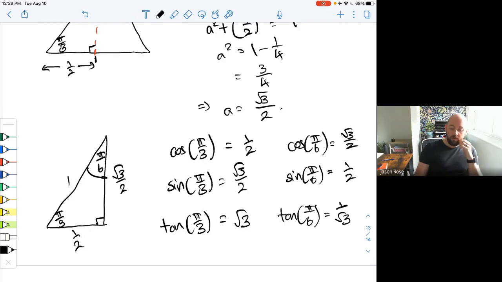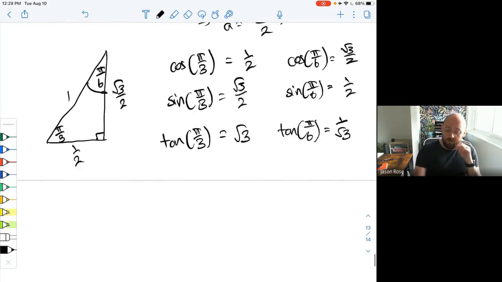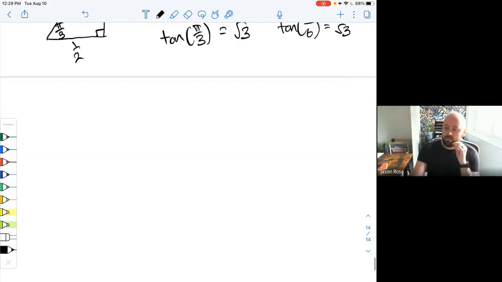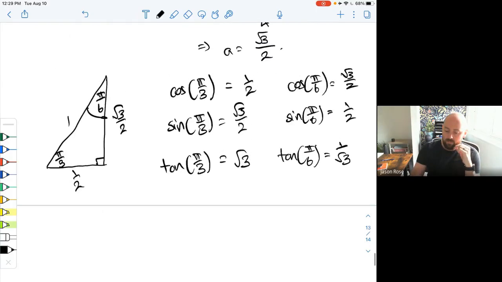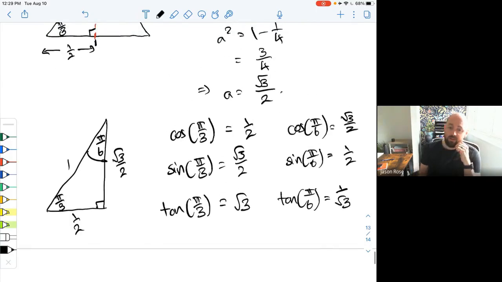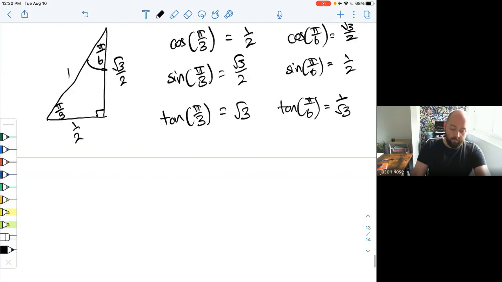Okay. So what we've done now with some clever use of those special triangles is we found out some values for angles pi over 4, pi over 3, and pi over 6. How I'm calculating them: cosine of theta, for example, is the adjacent over the hypotenuse.